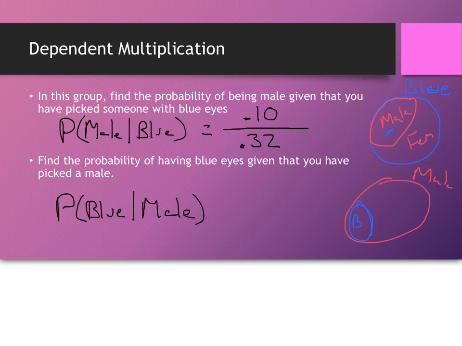I'm just trying to illustrate using some drawings. They're not exactly Venn diagrams. Now, probability of being male, well, that was 0.42. Probability of blue and male, that's 0.10. Okay. So I want you to understand something.